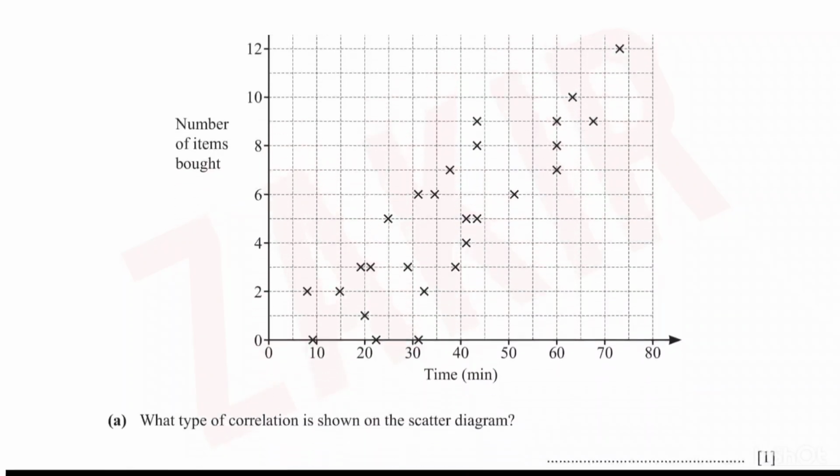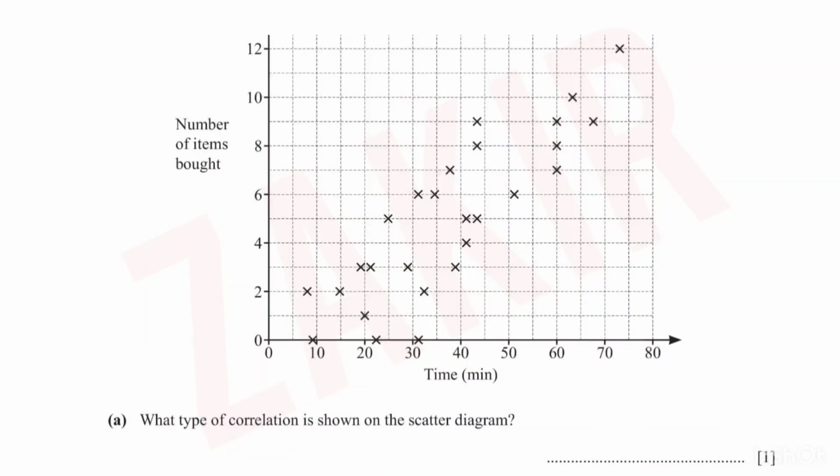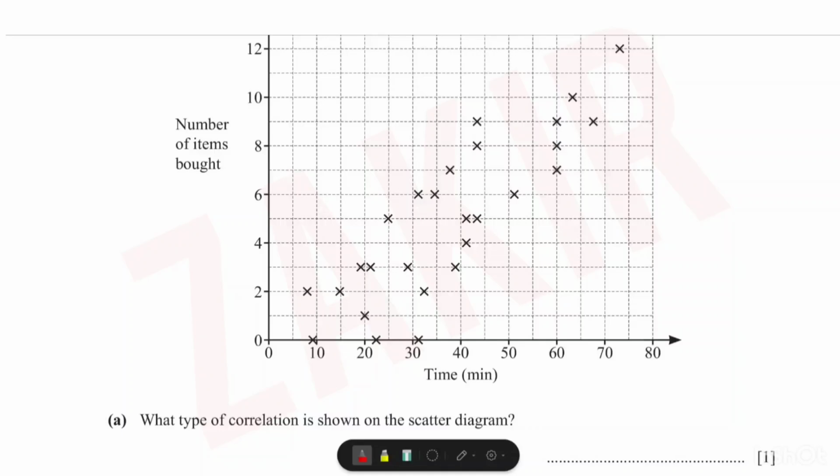So can we write here that the correlation which we can see here is positive? This is positive correlation, okay? When you see that the values are arranged in this order, that if you move towards the right along the x-axis, values keep increasing like this, okay?